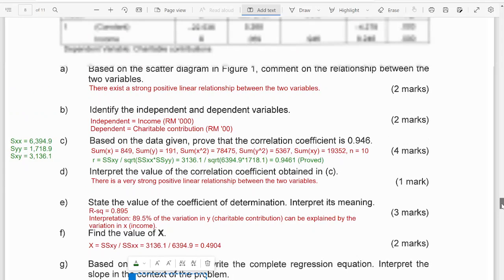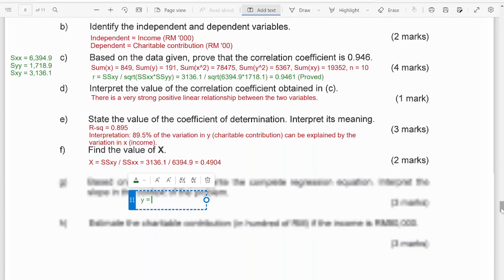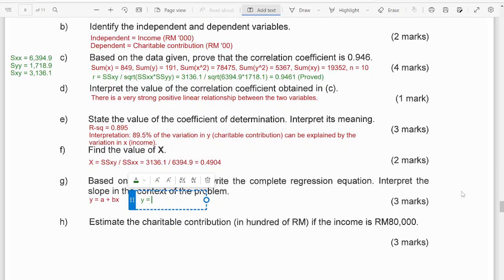The constant value a is given by the constant. So negative 22.536, right? So get negative 22.536.